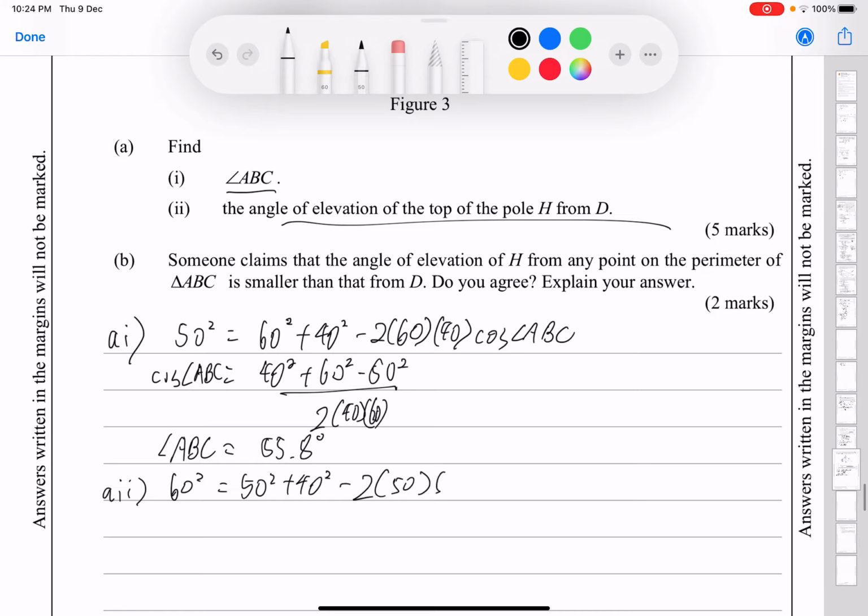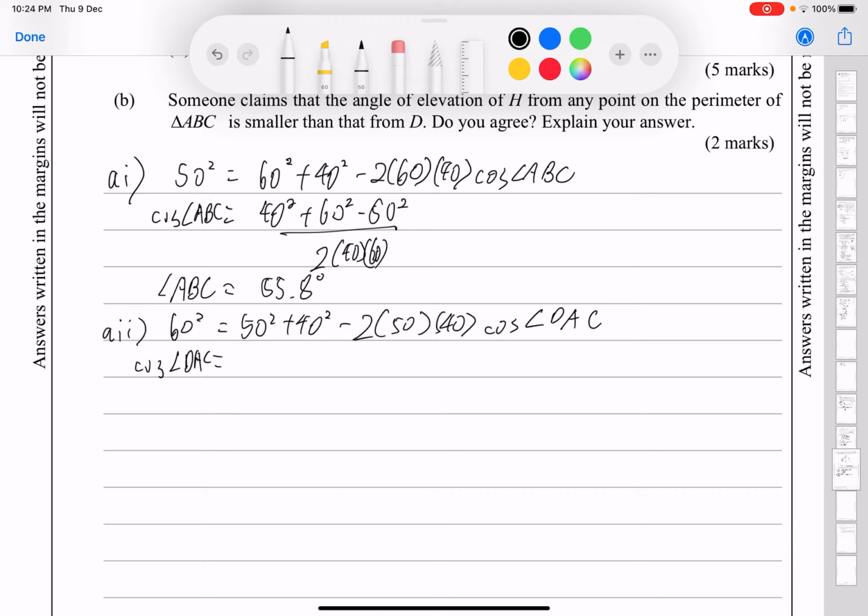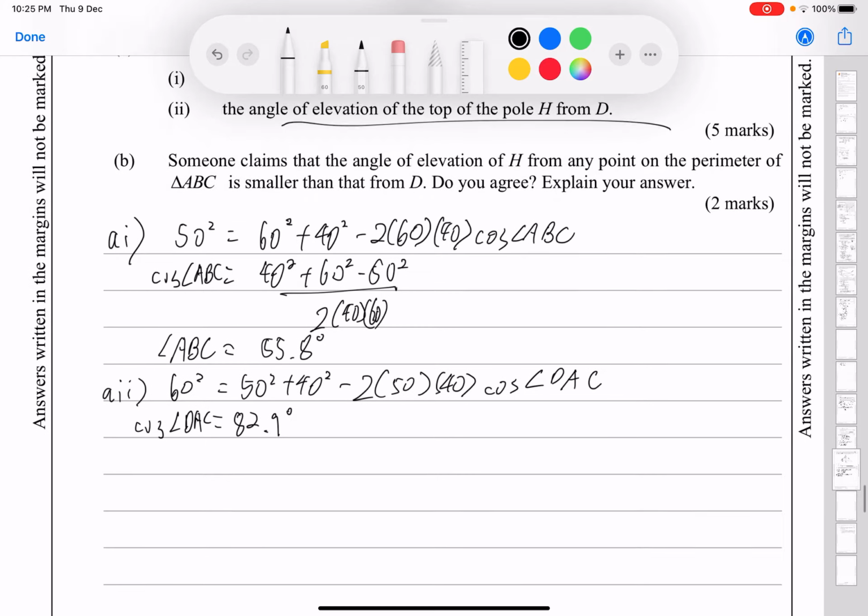So, by using the cosine rule again, we will find the angle DAC, which is 82.9 degree.